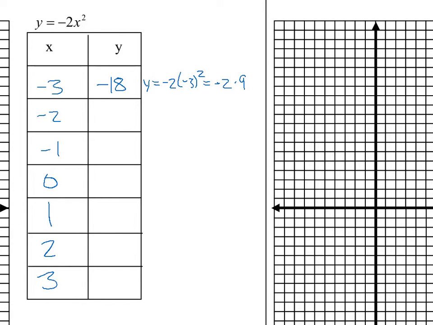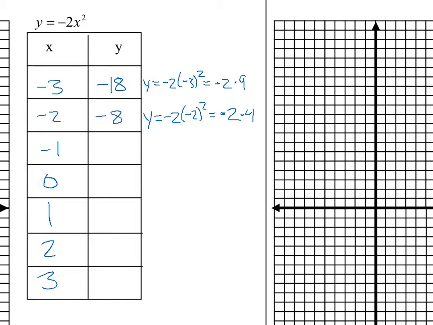Next one is y equals negative 2 times negative 2 squared. Obviously, do the exponent first. Negative 2 squared, that's negative 2 times negative 2 is positive 4. So it's negative 2 times positive 4.